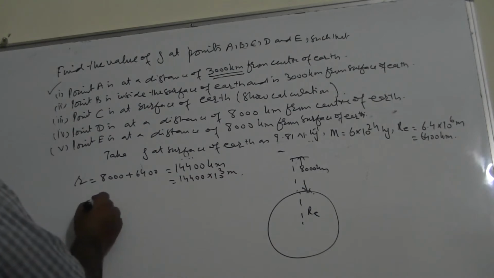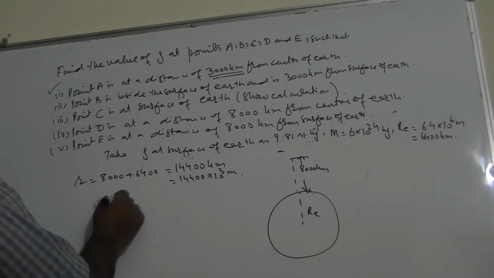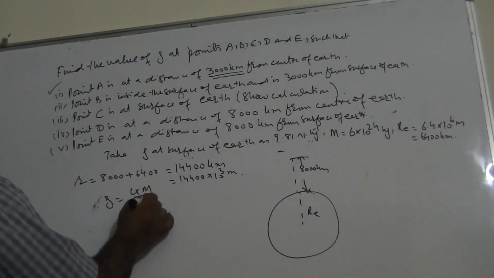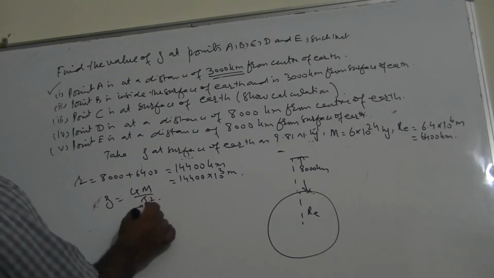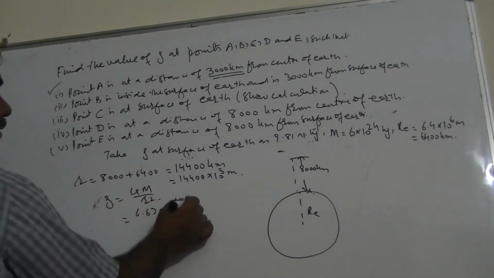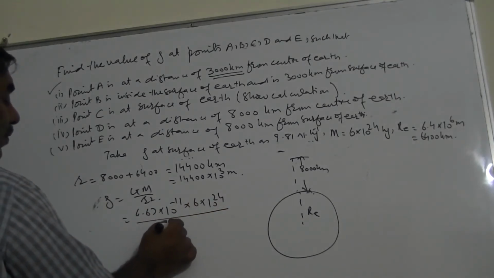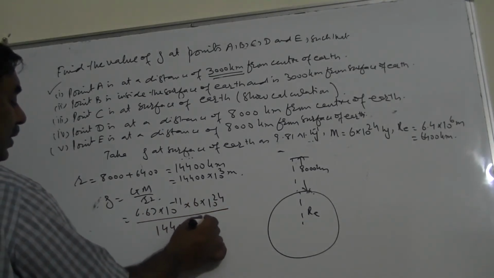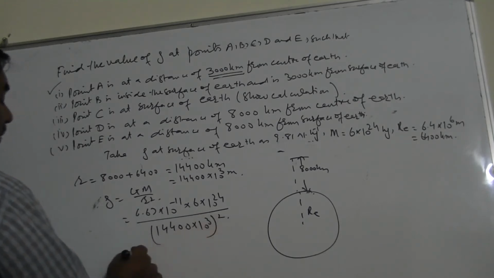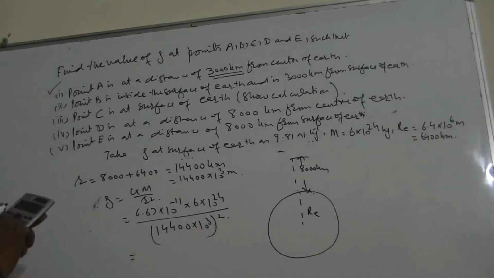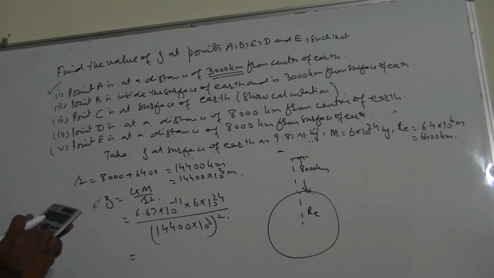I'll be using g is equal to GM upon R square. So I'll use 6.67 into 10 power minus 11, 6 into 10 power 24, divided by 14,400 into 10 power 3 whole square, and I'll see what the calculation comes out to be.